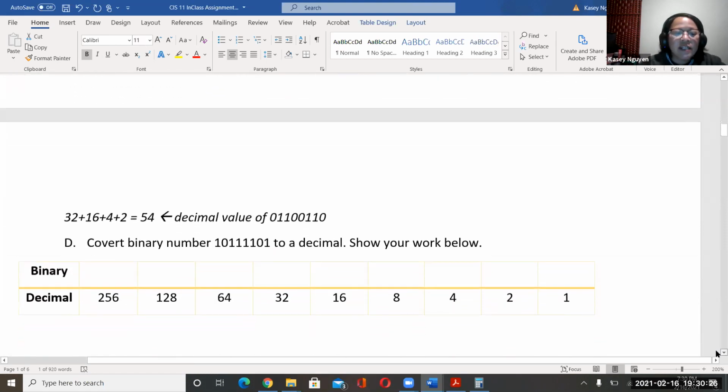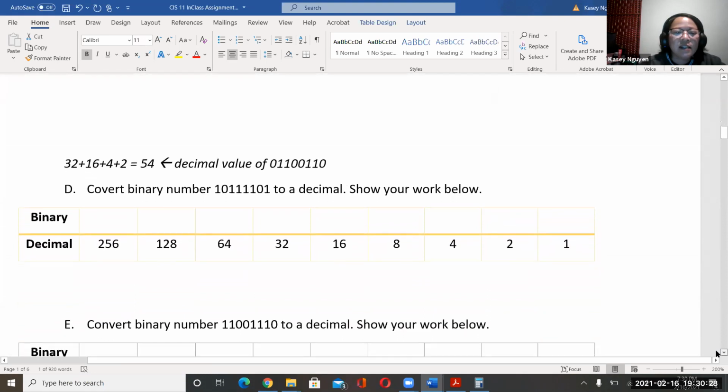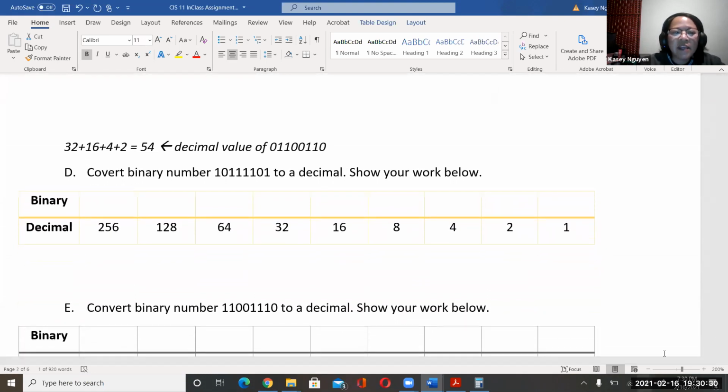Okay, let's try one together for D. I'm given this binary for D, and I simply put that into my table to make it easy. 1, 1, 1, 1, and 0, and 1. I want to make sure I have all the ones.